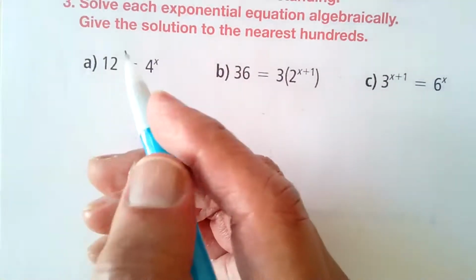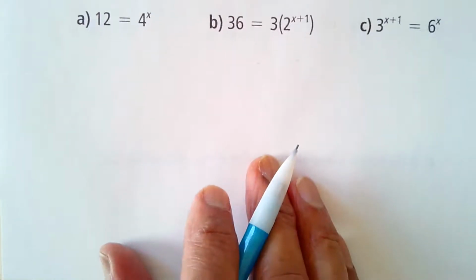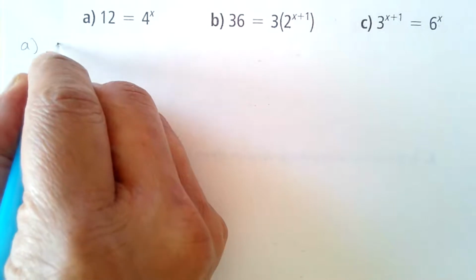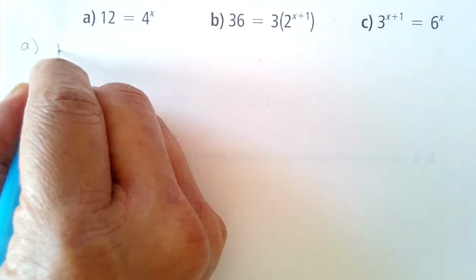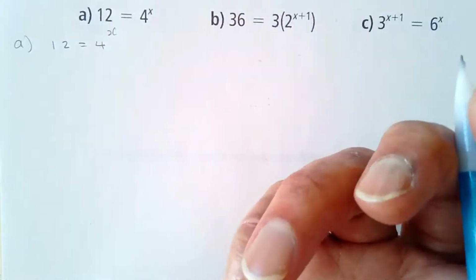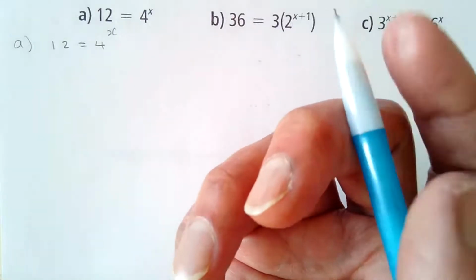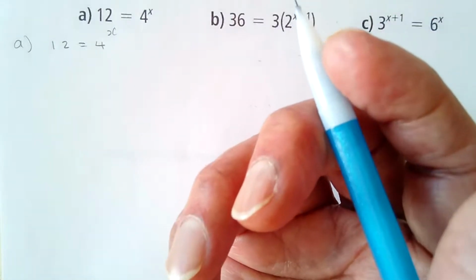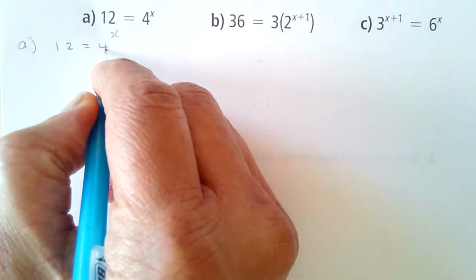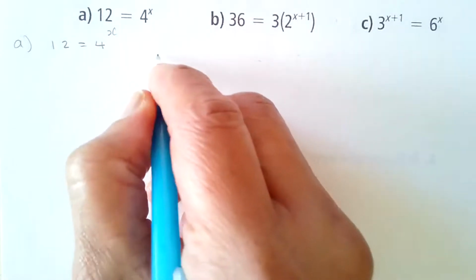So for the first one here, we have 12 equals 4 to the power x. The first step is you would like to take the log base 4 of each side. And this gives you a good indication here. Okay, step 1.